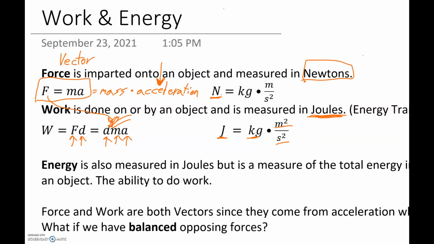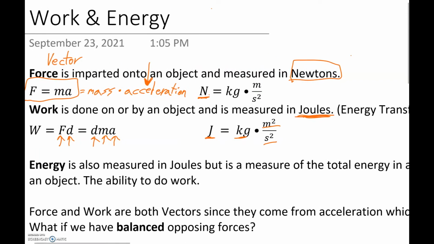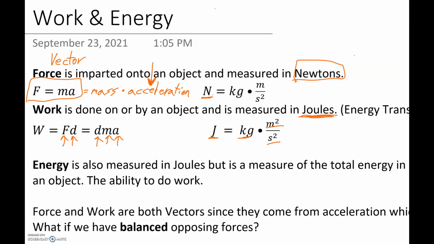Okay? So basically, work is a force carried out over a certain distance. And it's energy transferred from one object to another. So, for example, I can do work by lifting a ball up in the air.